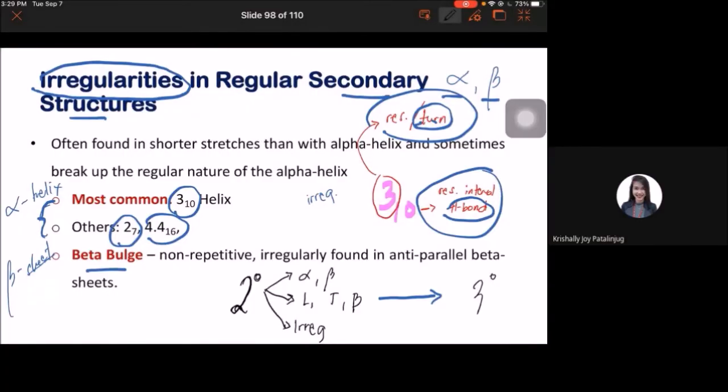However, meron po tayong midway interface, okay? In between secondary and tertiary structure. Ang tawag natin dyan is super secondary structure. Okay, yung interface in between a secondary structure and a tertiary structure.